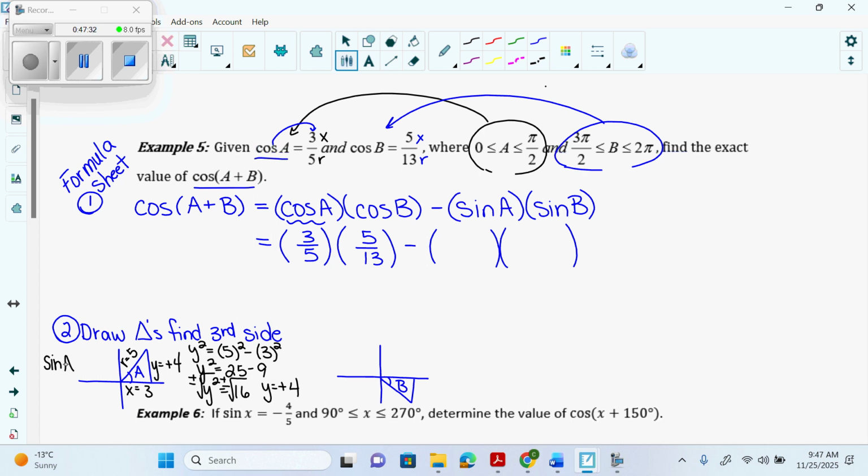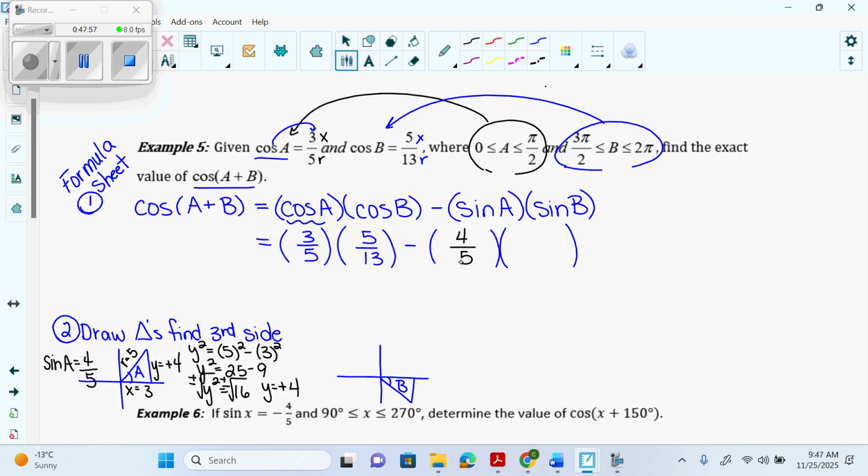Sine A equals sign your resume. 4 over 5. Is that true? Sign your resume. It's 4 over 5. So I can go here and I can go 4 over 5. You see that? Yeah?